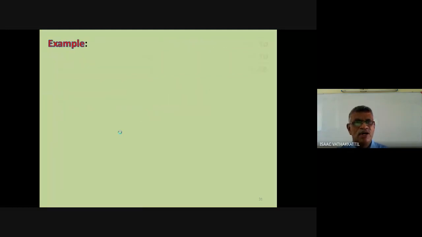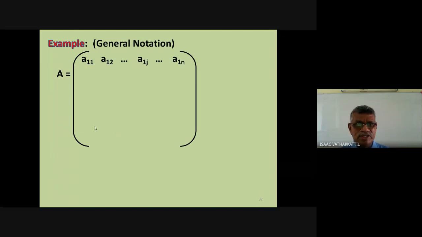Okay? Let's go for a general example or general notation. Say I have matrix A. When I say A11, it is the first row, first column. First row, second element, A12. In the first row, the first suffix will be 1. When I go for the second row, first suffix will be 2. Second suffix is representing column, 1, 2, 3, up to n. N columns are there.